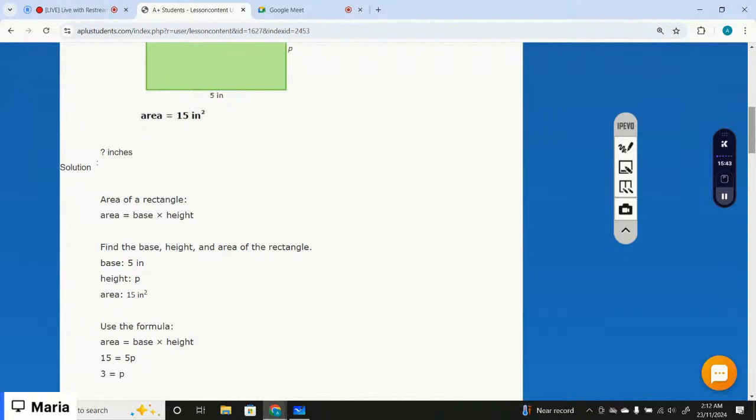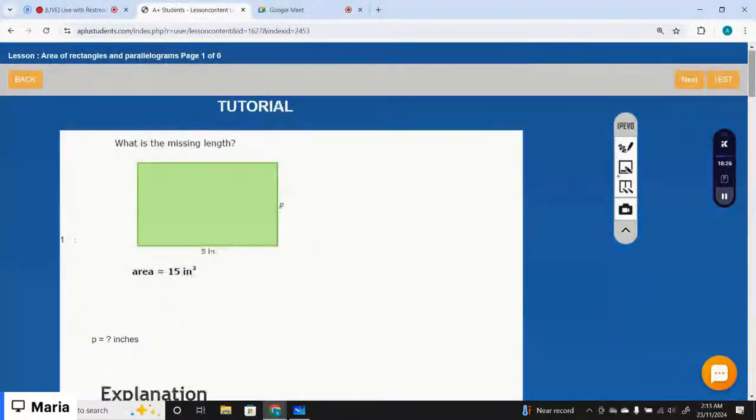The correct option is 3. Let's just start with the test questions. Let's see.